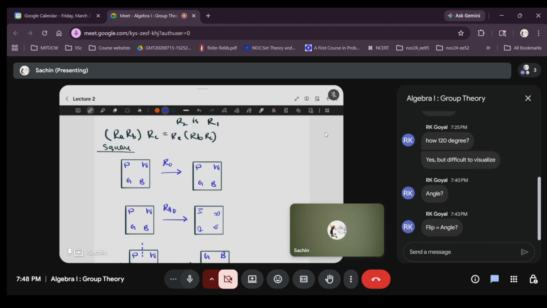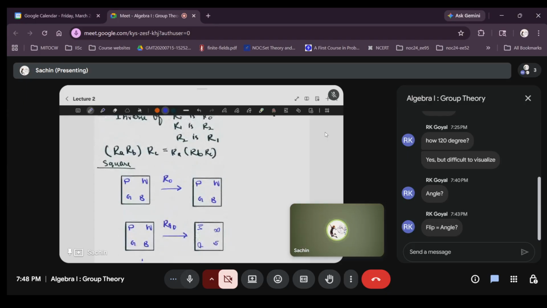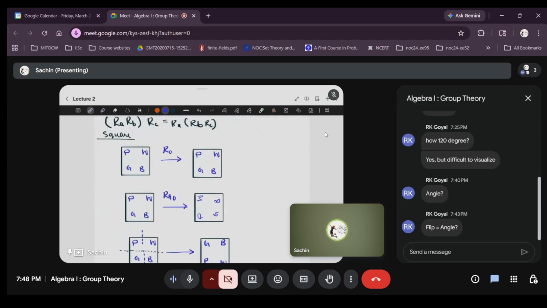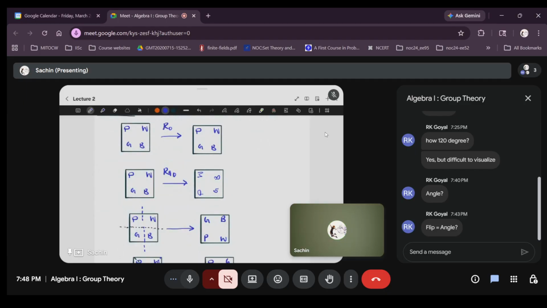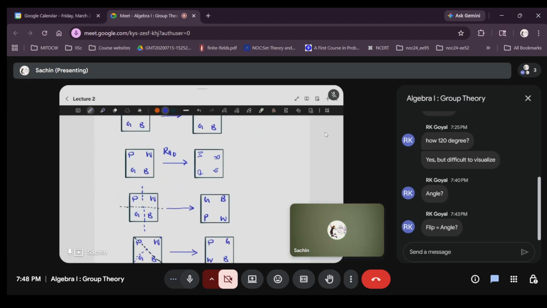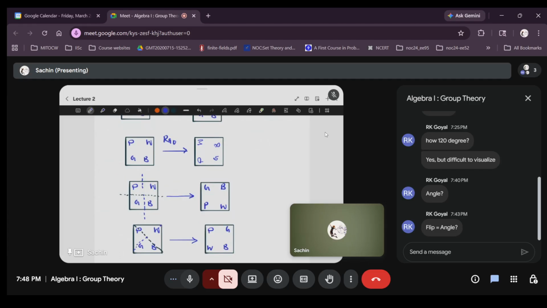So this, along with the operations that I showed here, is called a dihedral group of order 2n for a regular polygon of n vertices.